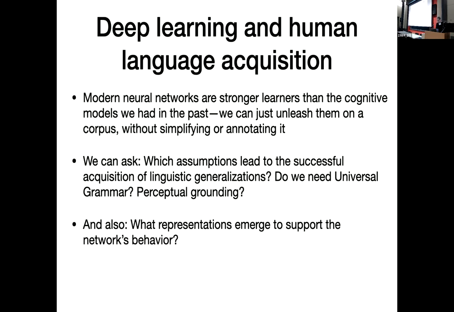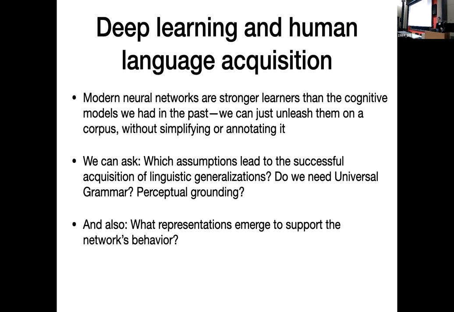Then we can also ask, and I'm not going to talk about this today, but it's a big field that I'm interested in, to the extent that the model is learning what we wanted it to learn, what representations emerge in the neural network that support the behavior that the network is showing. And then we can potentially use the representations that we uncover in the network as hypotheses for the representations that humans might use to process language.